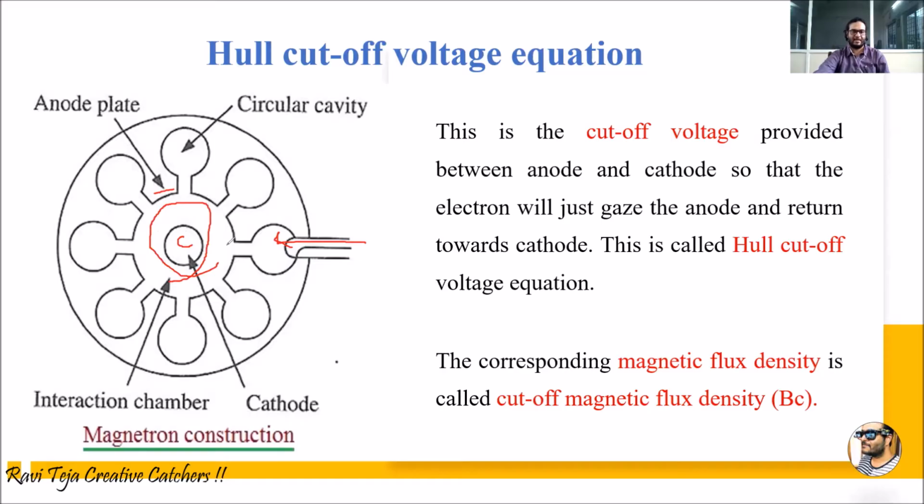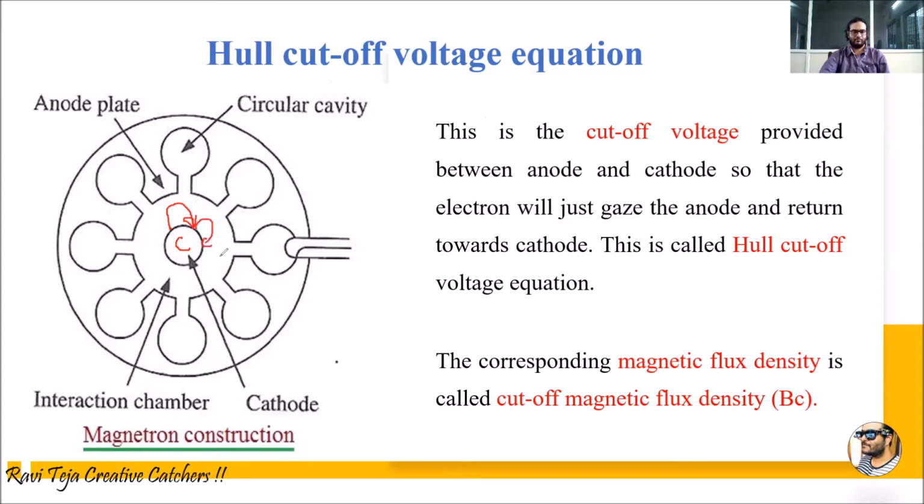Okay, whenever we take the third condition of magnetron working, whenever the magnetic field is very high, what happens? The electrons transmitted by this cathode go like this into the free interaction chamber, the free space, and take a diversion again towards the cathode.